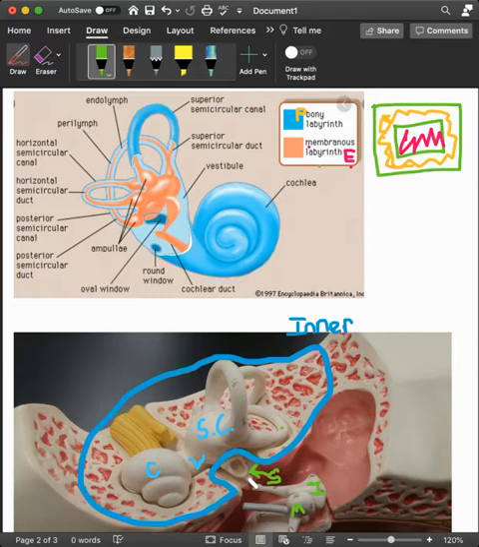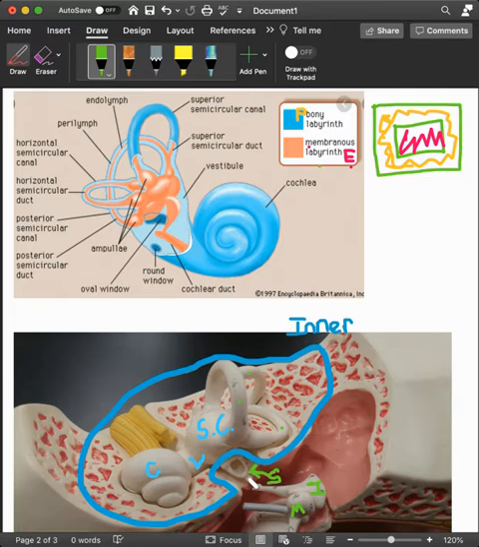And that is because of these fluids. So endolymph has a really high concentration of potassium ions and sodium ions. Perilymph has, again, high concentrations of sodium and potassium, but they're a little bit different from each other. The perilymph kind of resembles extracellular fluid, and endolymph is more like cytosol.